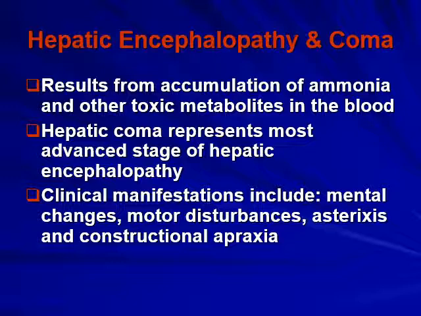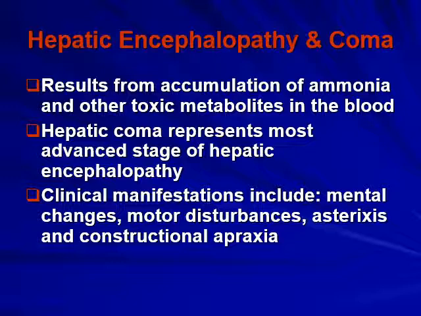So asterixis, constructional apraxia. If we look at what those mean, asterixis, there's a picture on page 1306 that shows you what that is. It's also termed a liver flap, and it occurs in hepatic encephalopathy. The patient holds their arm out with their hand held upward in dorsiflexion, and within a few seconds it falls down.